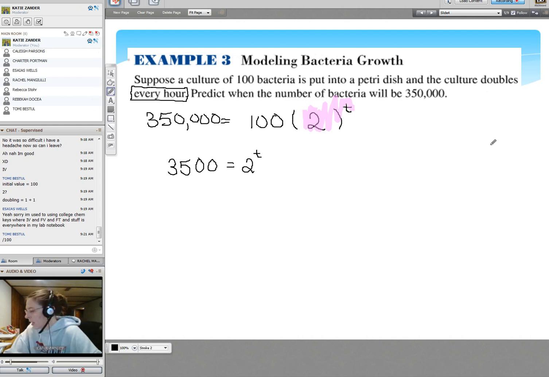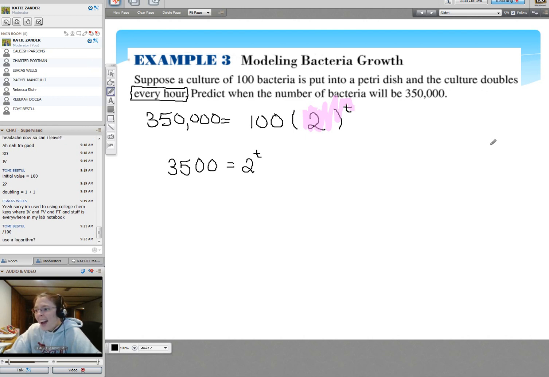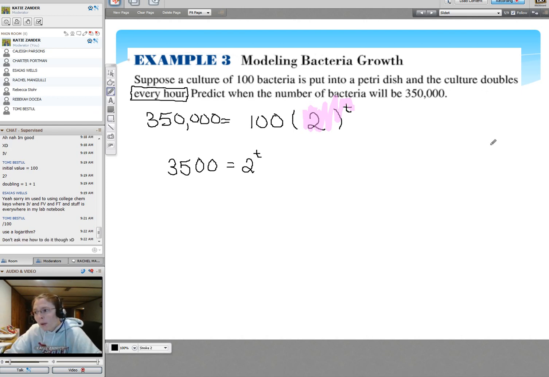All right, here's the kicker. What do we do at this point? How do I bring that variable down so it's not an exponent anymore? Yeah, awesome. Oh, I'm so excited. We have to use a logarithm here. Remember, the properties of our logarithms allow us to bring that down. Now, if you can't remember the properties of logarithms, I believe that they are coming up in lesson 3 or 4.